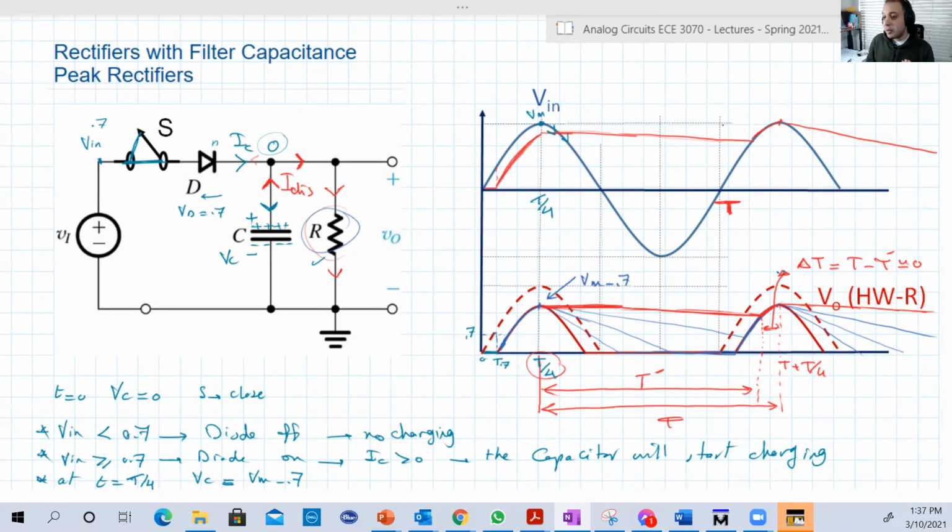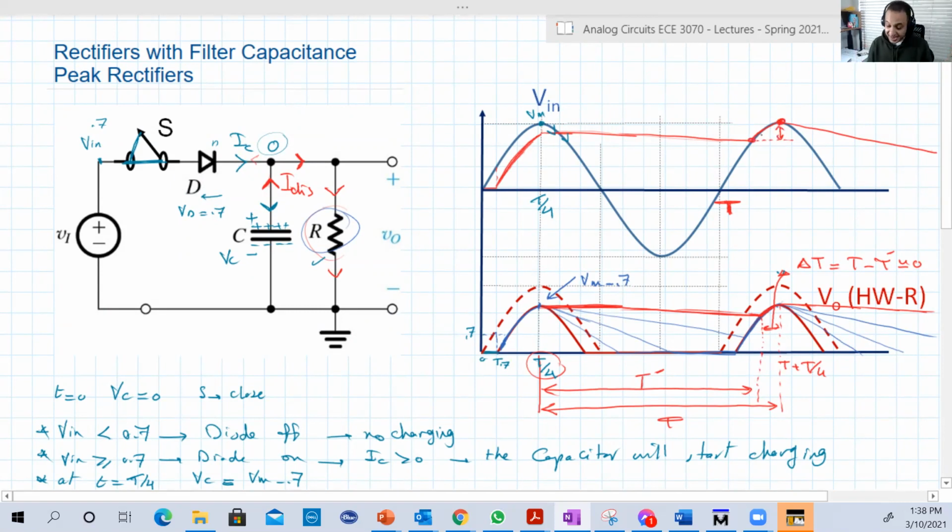Now, the moment to measure these fluctuations, how much we want to quantify our achievement, okay? To quantify this achievement, or to judge if this peak rectifier is good or not, we measure what's called the ripple, which is basically the voltage difference between that point and that point.